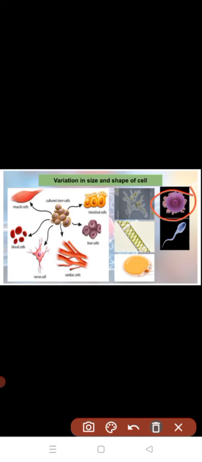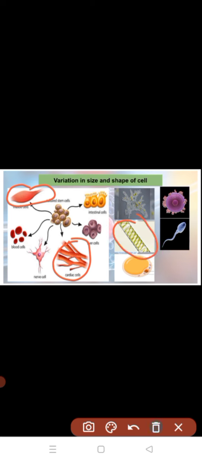Some cells are circular in shape. Some cells are rod shaped. Some cells are columnar cells. Some cells are spiral. Some cells are oval in shape. Some cells are rectangular in shape.